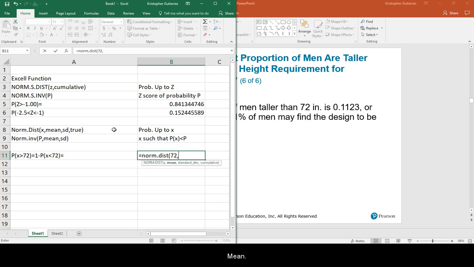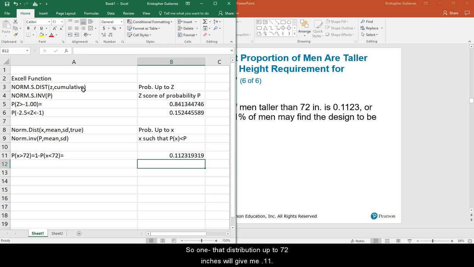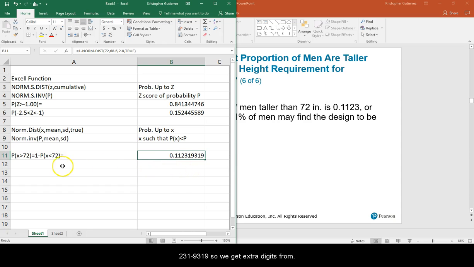Our mean is 68.6 inches, our standard deviation is 2.8 inches, and remember this will always be true, but I want 1 minus that normal distribution. So 1 minus that distribution, up to 72 inches, will give me 0.11231939. So we get extra digits from that.